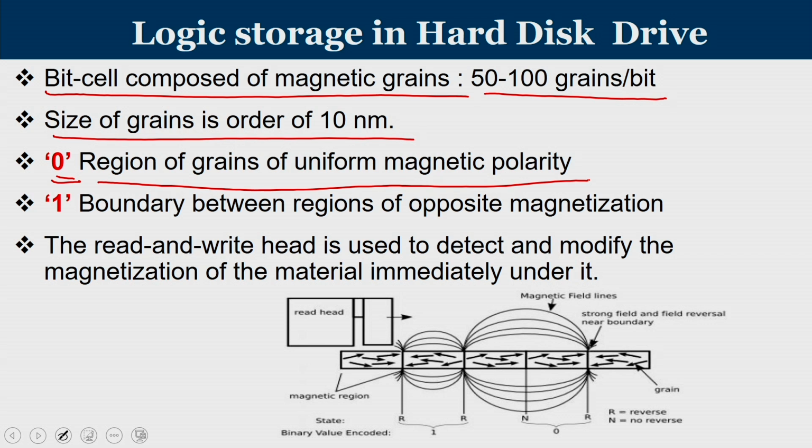So, when all the grains within a region are of uniform magnetic polarity, we call it 0. If the boundary between regions has opposite magnetization, then we call it 1. The read and write head is used to detect and modify the magnetization of the material immediately under it.